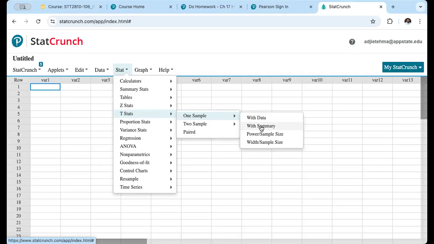Does that make sense? For today, we are just going to learn how to get the critical value. On Friday, we are going to learn how to get a confidence interval and everything. So today, let's focus on getting the critical value. Regardless of whether we want the confidence interval or the critical value, we still have to go through this approach. Is that okay?